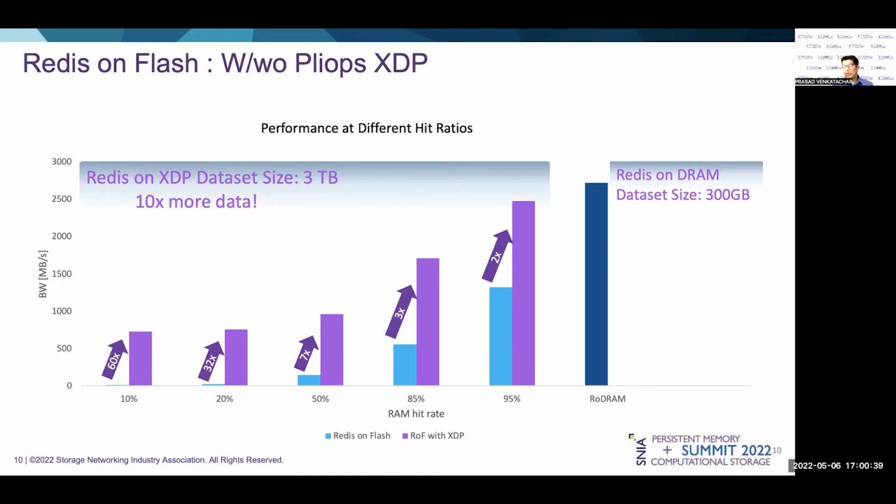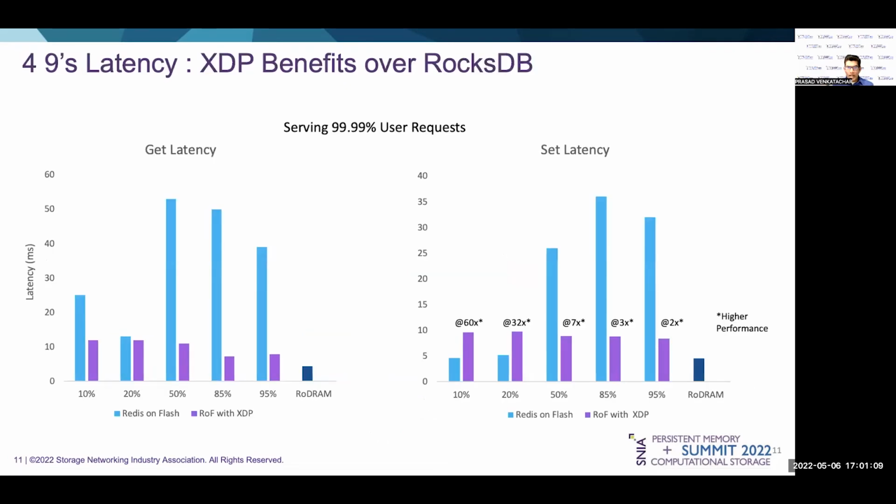Even for that, we provide a 2x performance boost with XDP. And these numbers, especially at 95%, are close to Redis on DRAM performance, which is only a 300 GB data set, whereas Redis on Flash with XDP is at 3 terabytes of data, which is 10x more data, and delivering close to identical performance to that of the DRAM.